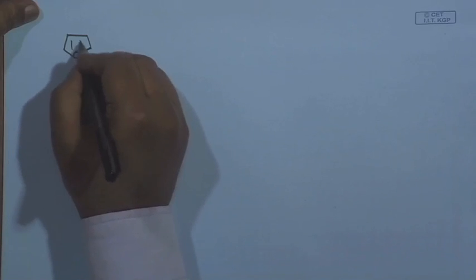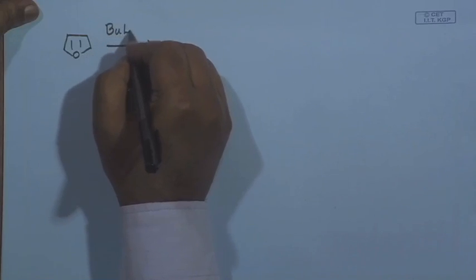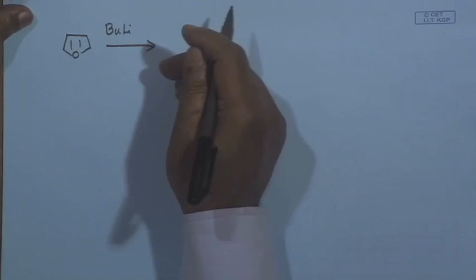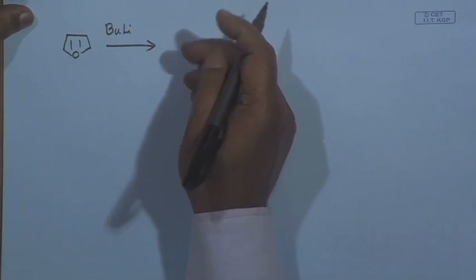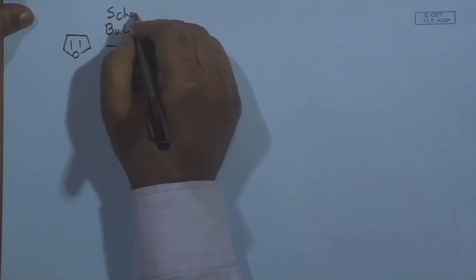Now we will have one more example. In this case, you use Schlosser's base. I do not know whether you recall or not. Let us see how much you recall. Anybody know or remember? Sorry.